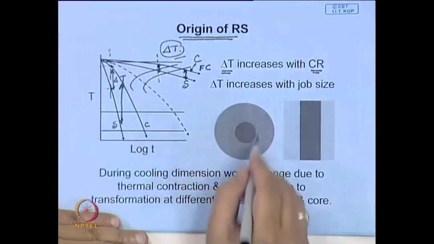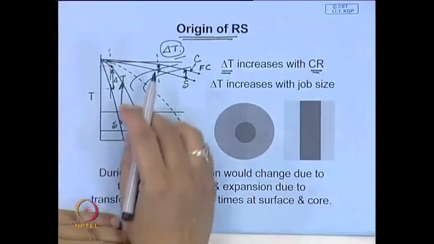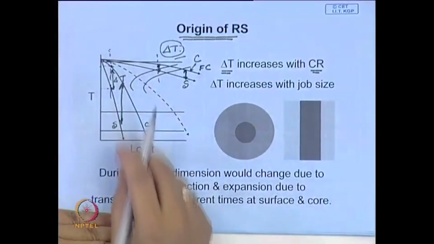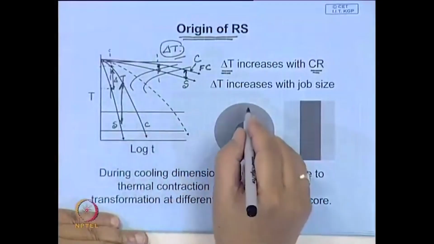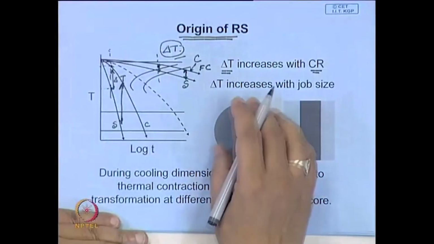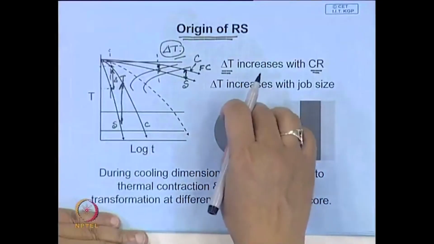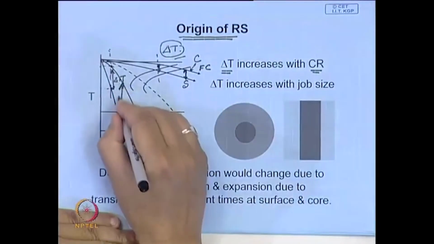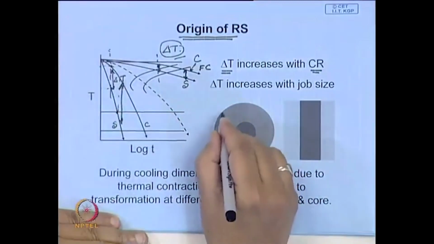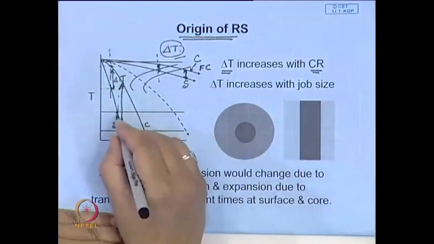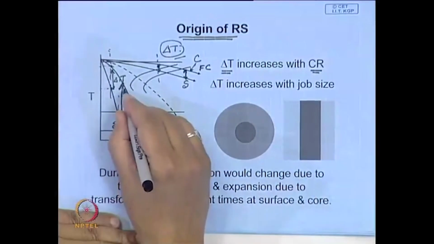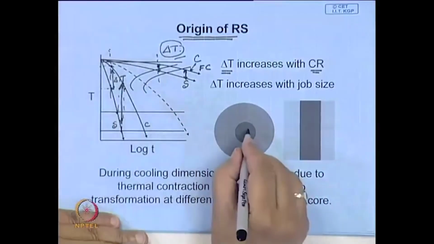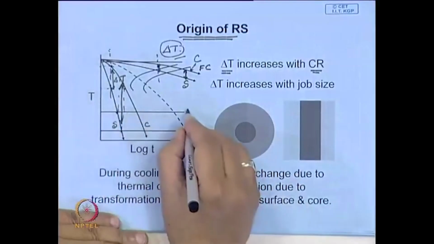And you can easily see, if we assume that transformation stress is much more critical, you will be able to show easily that here the job is where martensite transformation starts. Here the transformation has already started at the surface, and as you cool down, the center temperature is still much higher than the Ms temperature.